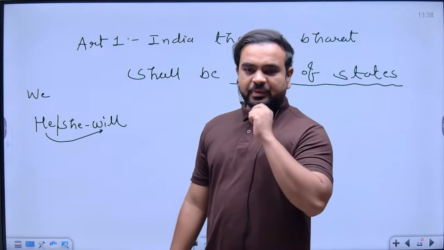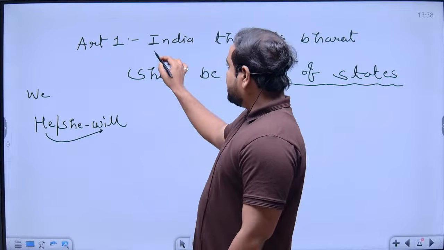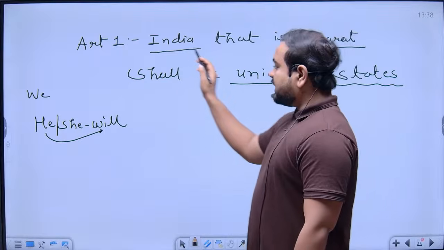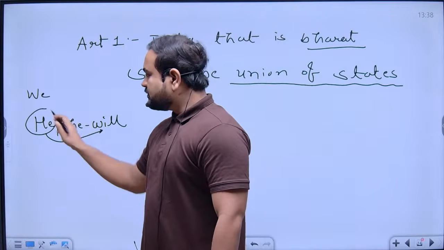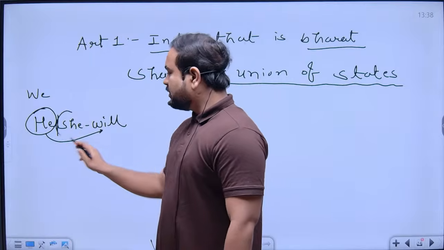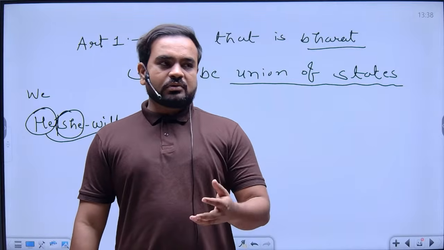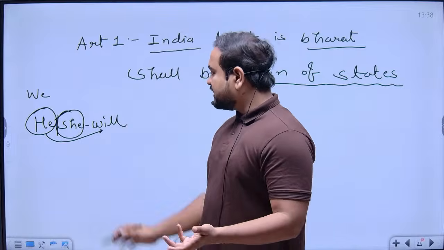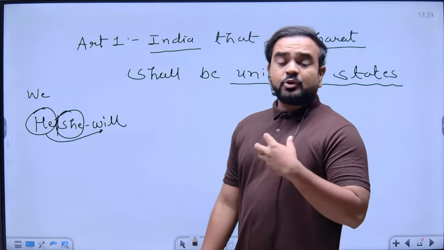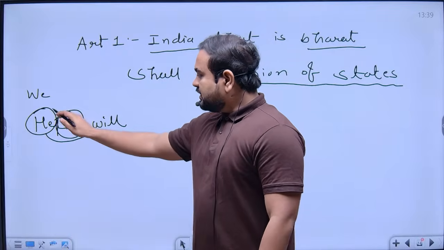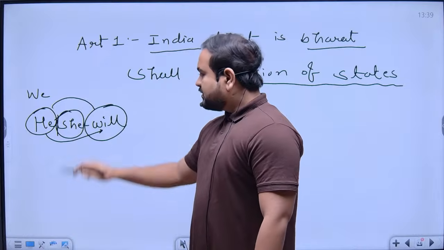So this everyone knows, and you should know it. Now I am talking about India, about Bharat. For India you can use he and you can use she also. Why? Because sometimes we say Bharat Mata, so if you consider it as Bharat Mata, you can use she. With he and she, will must come.